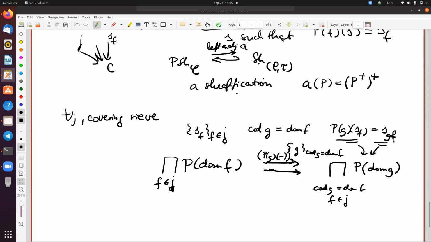Because, for example, you can have G composed with some F, but it can also be directly identity composed with itself, etc. So some of them appear in more than one way. That's what I wanted to say.